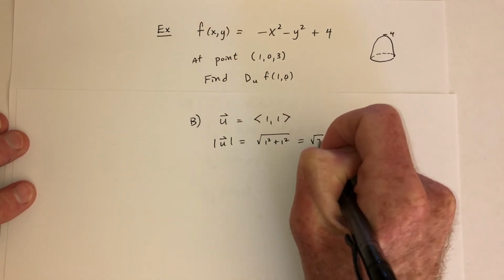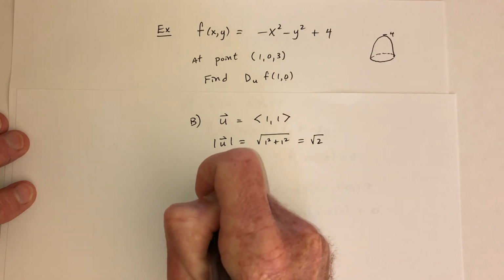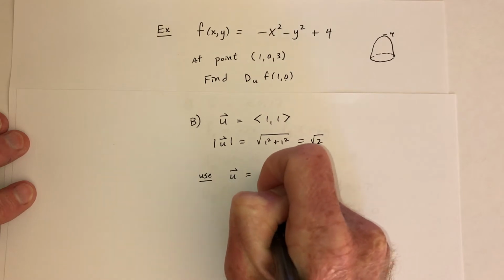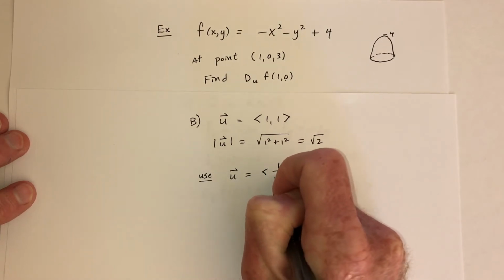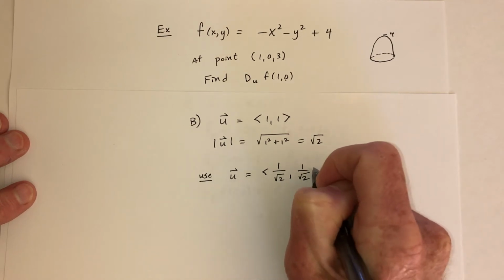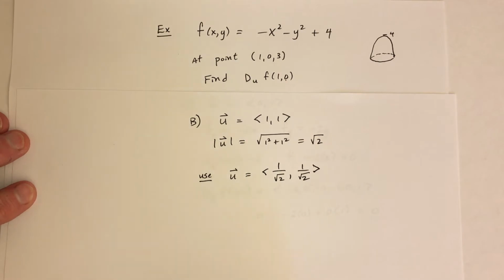So that's going to be the square root of 2. So we actually need to adjust this vector. So actually use the unit vector. That's going to be 1 over the square root of 2, 1 over the square root of 2 for each one of those. So just take that vector, distribute it to each one. Now this is a unit vector.